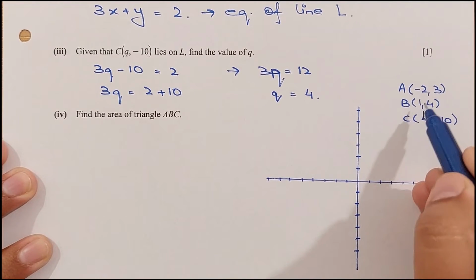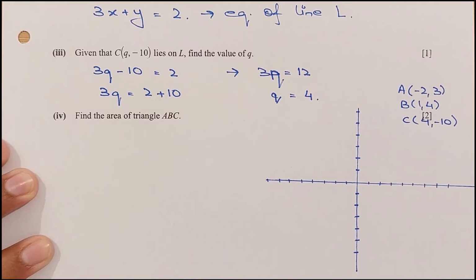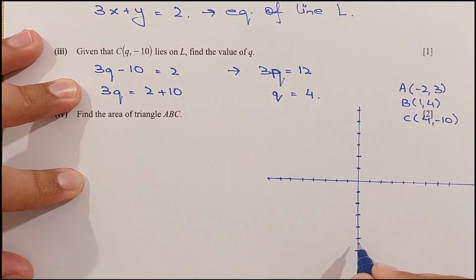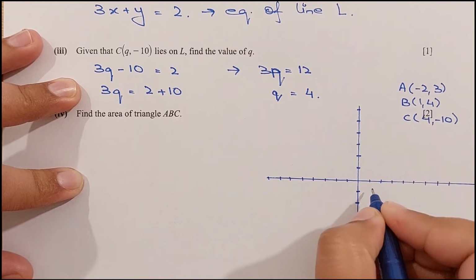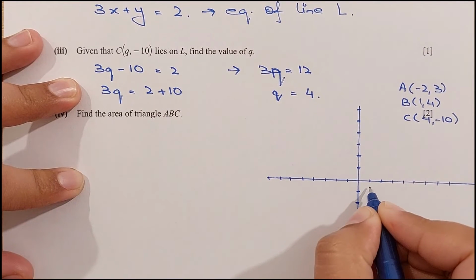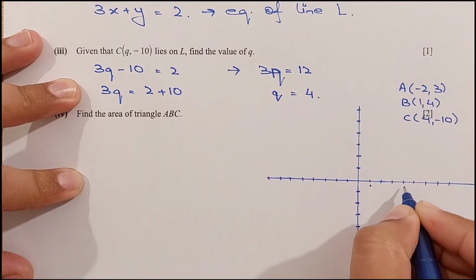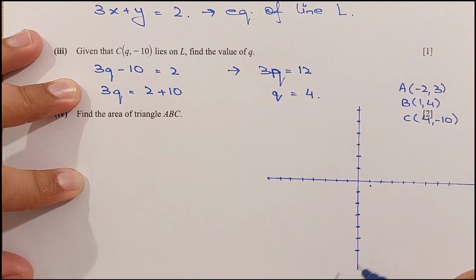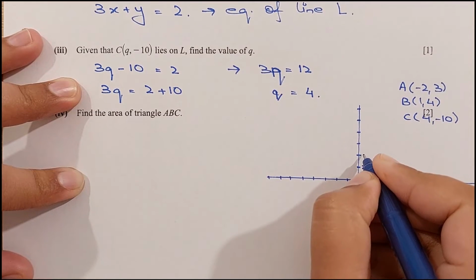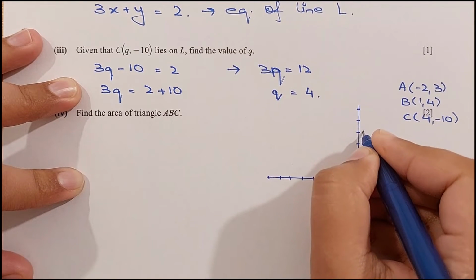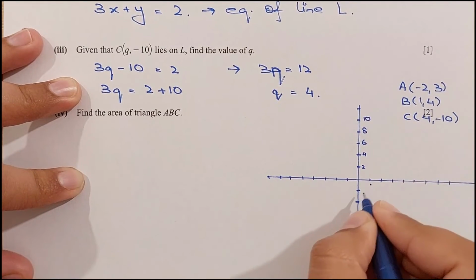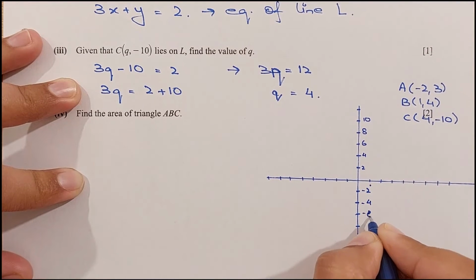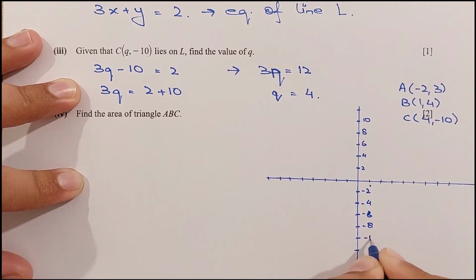The x values are minus 2, 1, and 4, and for the y values we select a scale of 2: 2, 4, 6, 8, 10, and minus 2, minus 4, minus 6, minus 8, and minus 10.